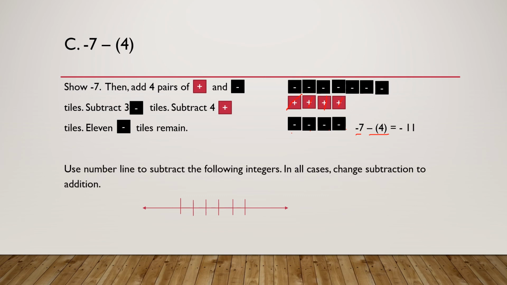Use number line to subtract the following integers. In all cases, change subtraction to addition. Now, for example, we have this number line. Okay, so we are going to put the, pansin nyo to, 3, it becomes plus 2.